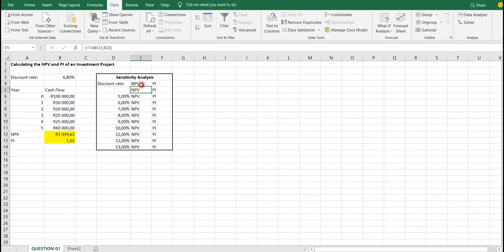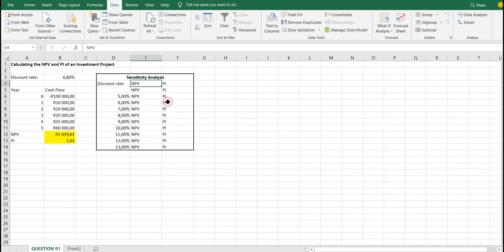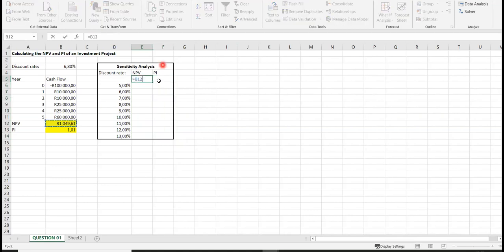So let me check, what do I have here? Try to increase. Okay, just hold on. We'll go back. Let me quickly put the formulas again.